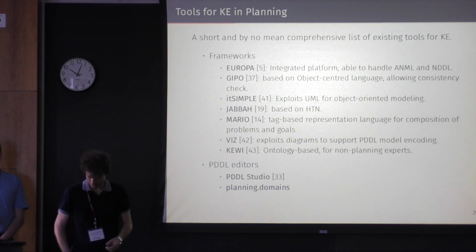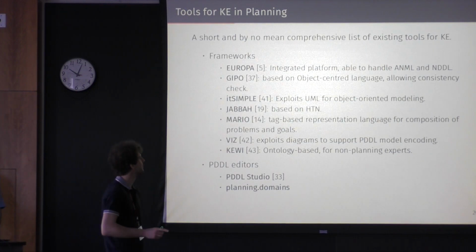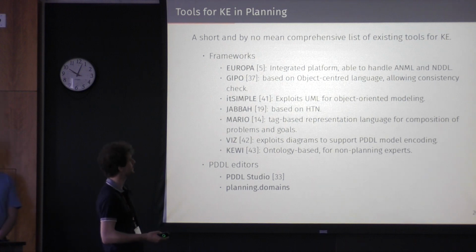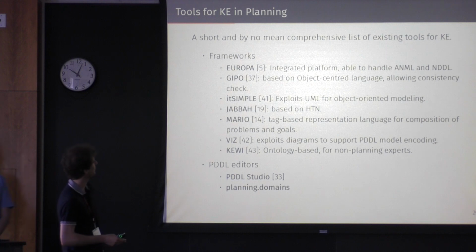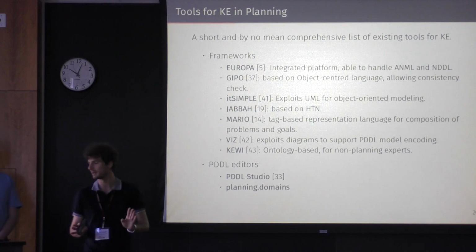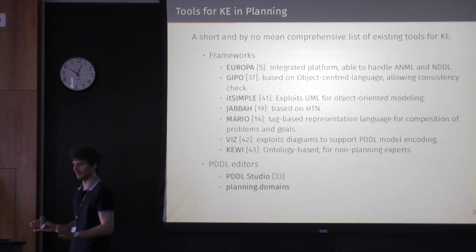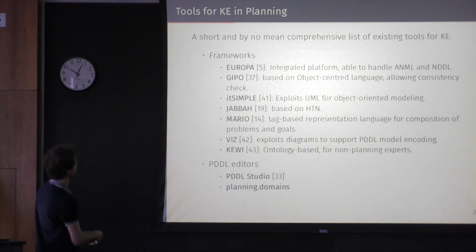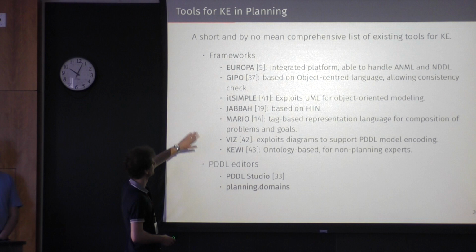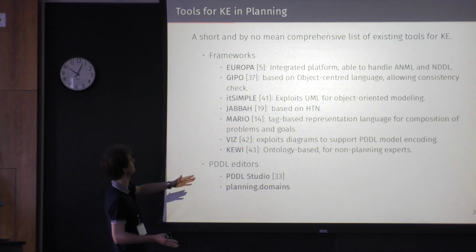And we have mentioned that there exist tools for dealing with knowledge engineering. This is by no means a complete list, so there are other tools out there, but it can give some sort of overview. First of all, we divided them into two classes.